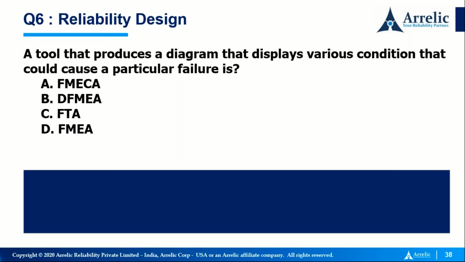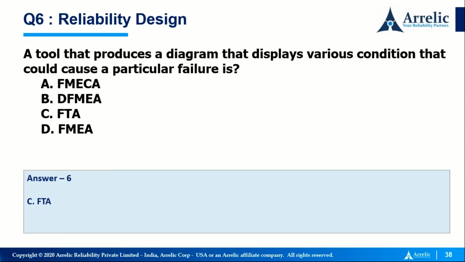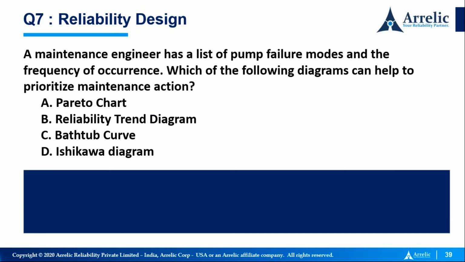Number 6, a tool that produces a diagram that displays various conditions that could cause a particular failure is FTA, fault tree analysis. Number 7, a maintenance engineer has a list of pump failure modes and the frequency of occurrence. Which of the following diagrams can help to prioritize maintenance action?